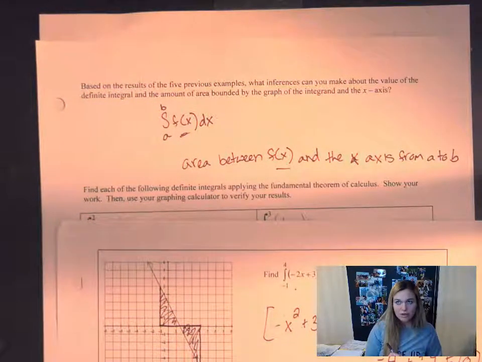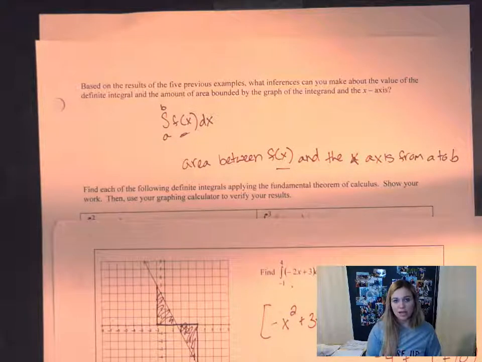So if we wanted to find the integral from A to B and have this be f prime instead, we would have to have an f prime graph in order to be able to calculate the area under the curve.